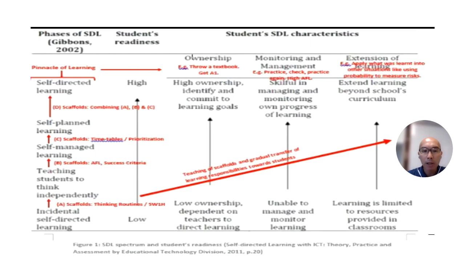It can be very teacher-directed or teacher-initiated, and under such conditions, the ownership of learning by the learner is usually quite low, which usually results in them not picking up the skills and competencies to manage and monitor their own learning. When that happens, generally students will not be able to transfer their learning from the classroom situation or from a spontaneous situation to other areas in his or her life.